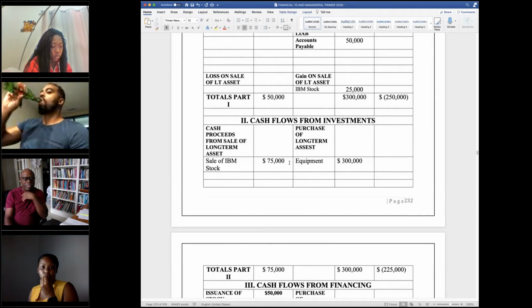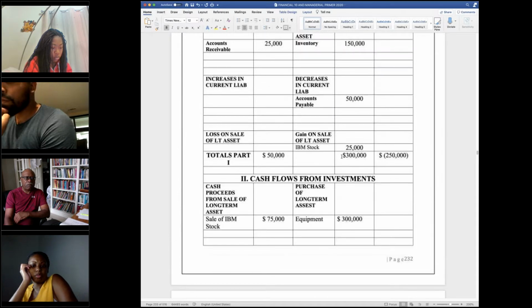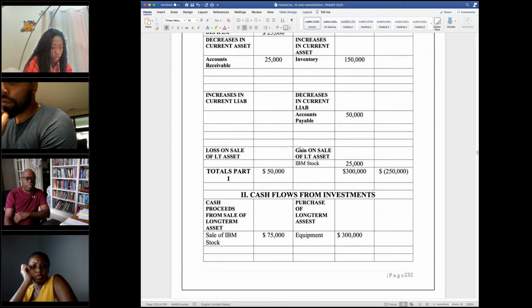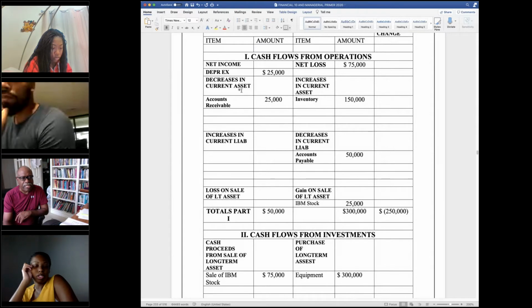But if Macy's starts selling some of its stores, we're going to put that down here. Because they're supposed to make their money selling clothes, not their locations. Then when you purchase a long-term asset, it's here. Up here, these losses and gains on the sale of those long-term assets. And then the current liabilities and the current assets.